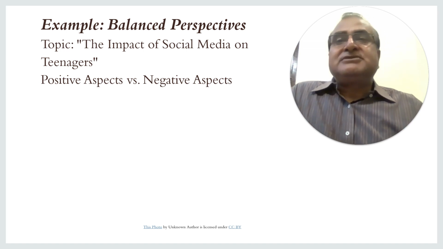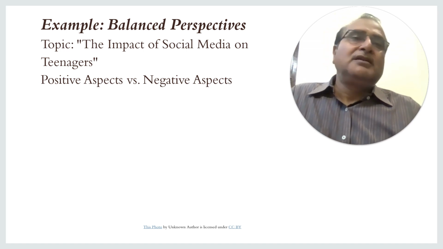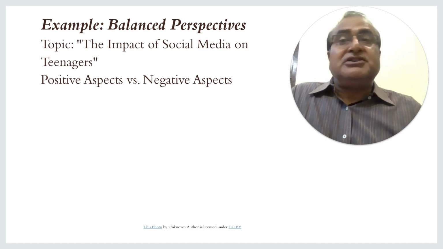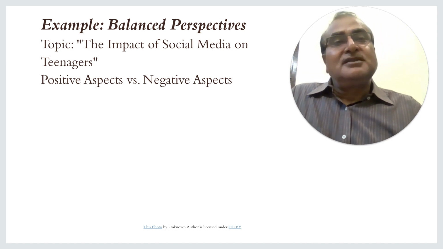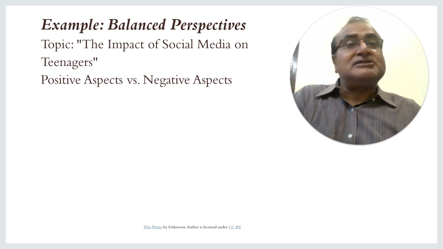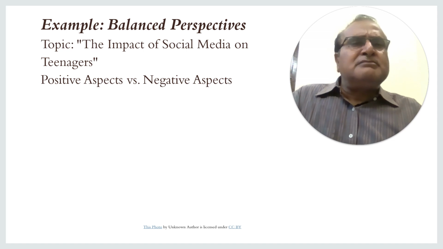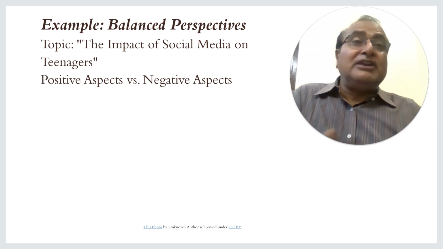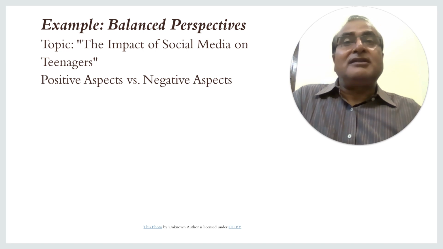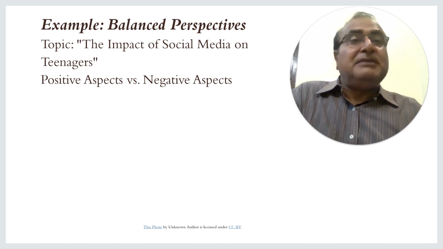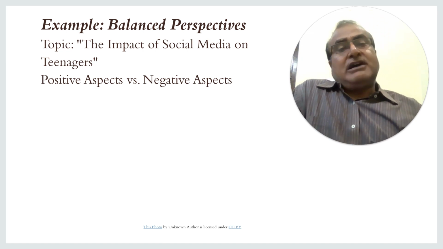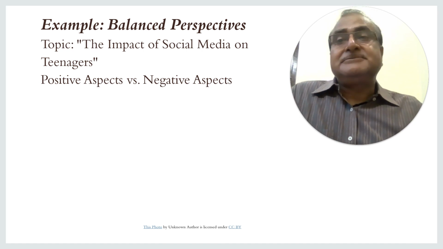Example, balanced perspectives. For example, topic. Let's select another topic. For example, the impact of social media on teenagers. If I give you this assignment to write on this topic, an article, you may write pages and pages. You will enjoy writing. What is the impact of social media on teenagers, immature students, immature children, and what may be impact on their mind?